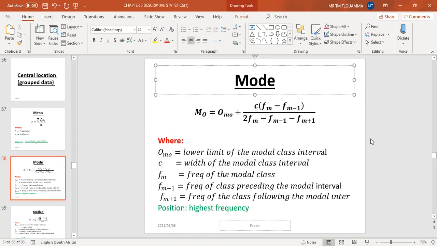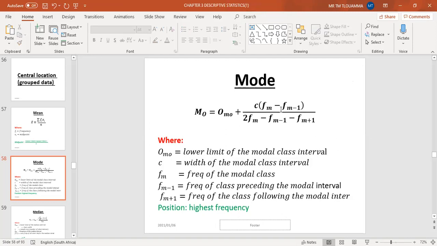Since 10 is our first value in our frequencies, it is going to be 0 here, divided by, let me wrap up, we're left with less than 10 minutes, divided by 2. Fm is the frequency of that modal class. We said that it's 10, meaning it's going to be 2 into 10 minus Fm minus 1. We said that it's not available, we're going to put 0, minus Fm plus 1.